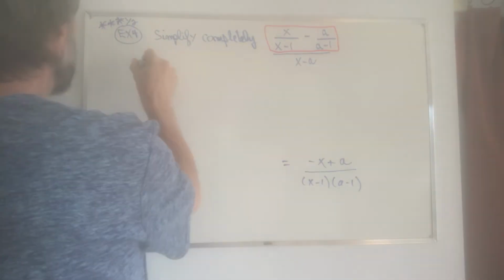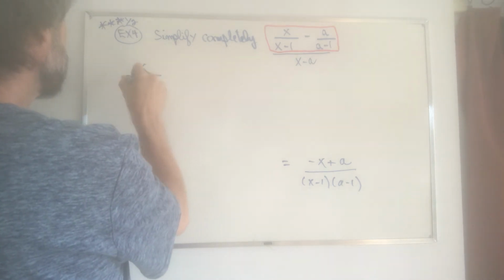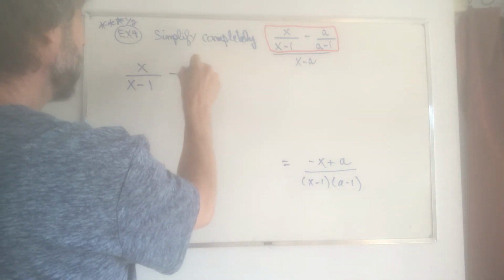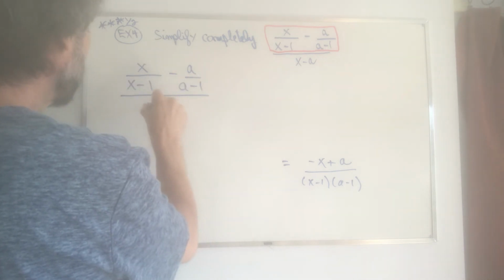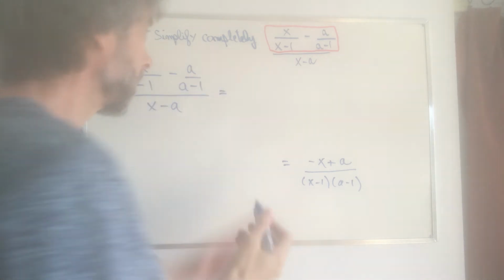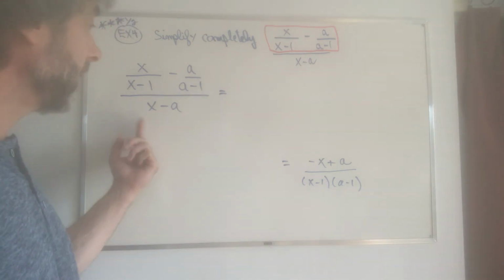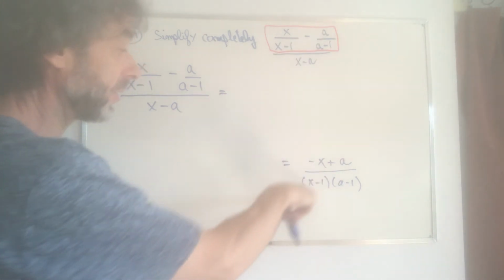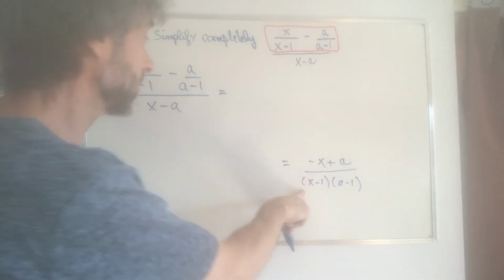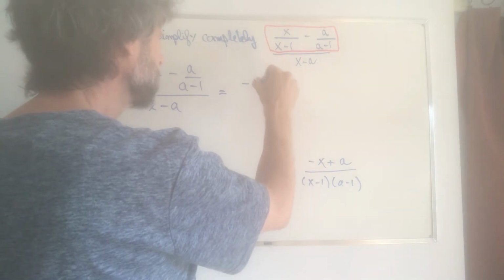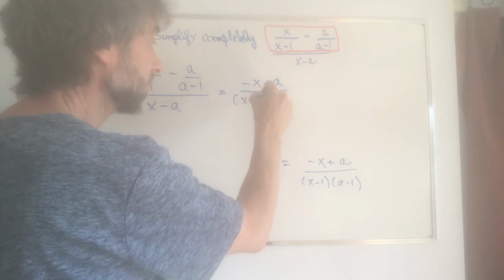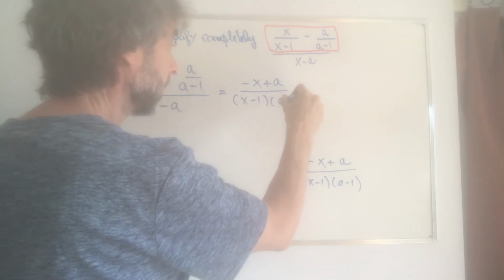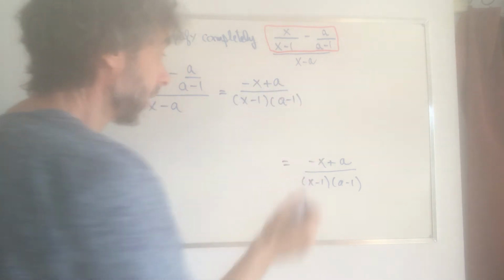Let me rewrite what we had: x over x minus 1 minus a over a minus 1, all over x minus a. I'm rewriting the problem here. Equals what? Well, the numerator, we have achieved minus x plus a over x minus 1, a minus 1.